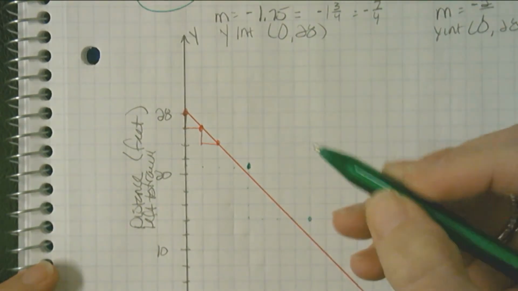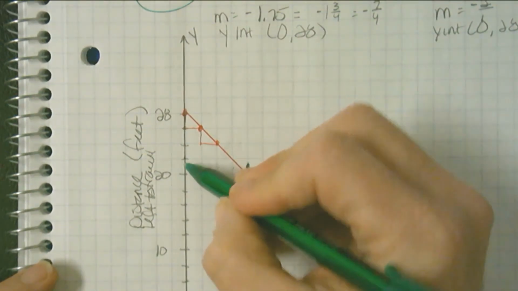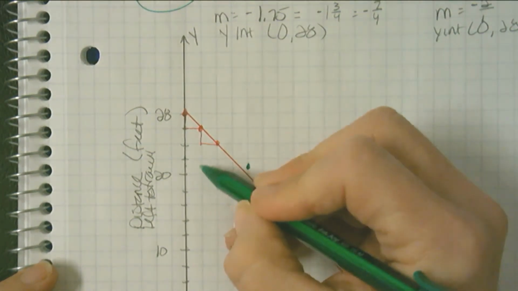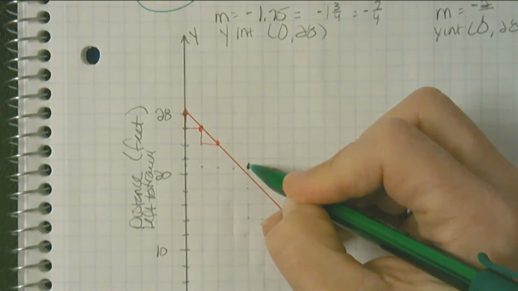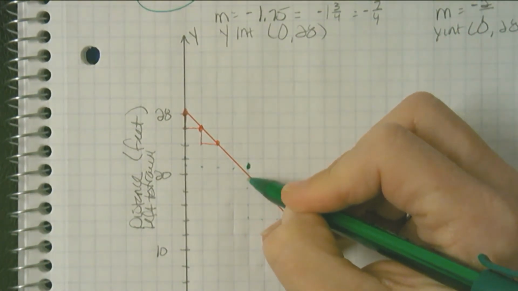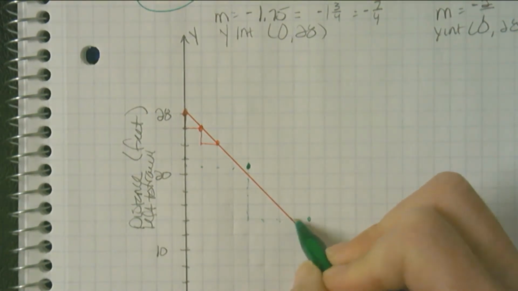That's not right. Something's wrong there. So down 7. 2, 4, 6, 7. 1, 2, 3, 4. That's right.